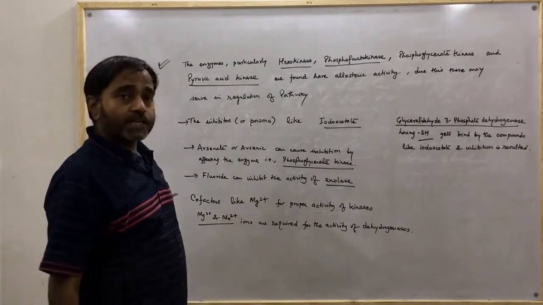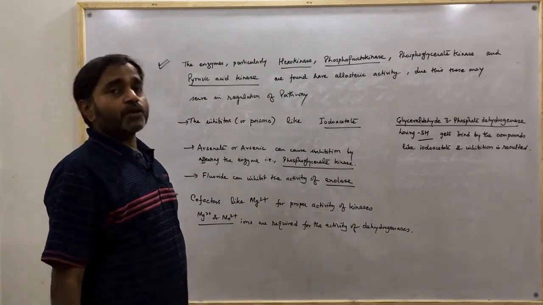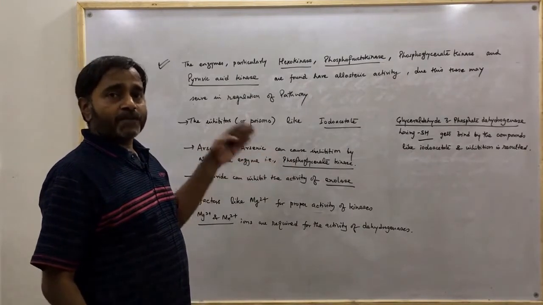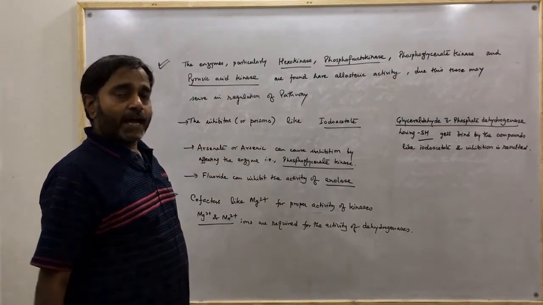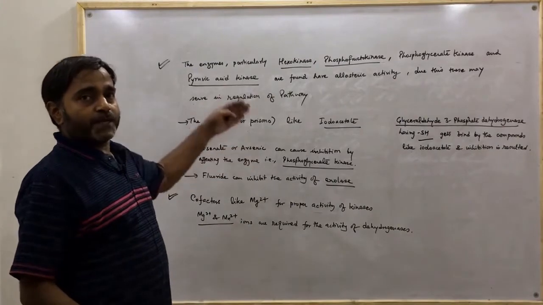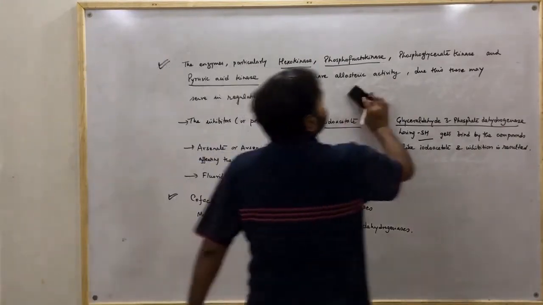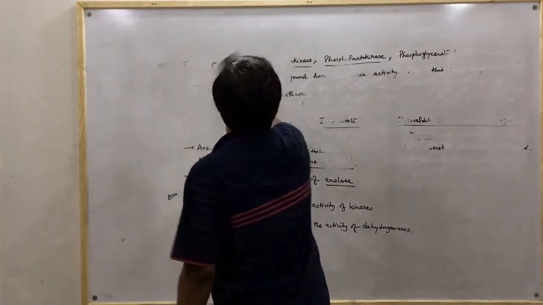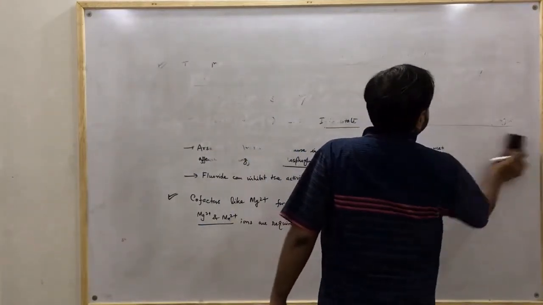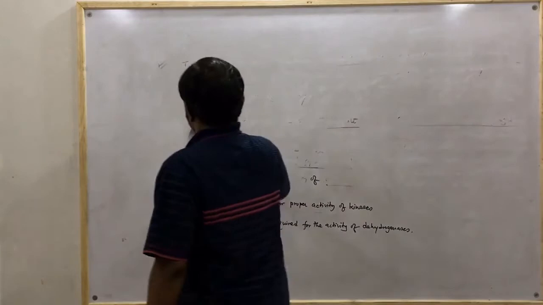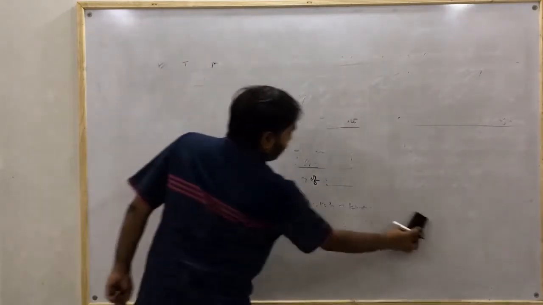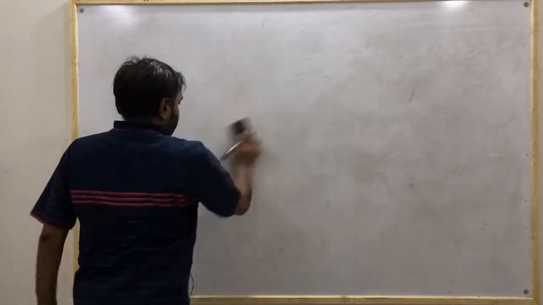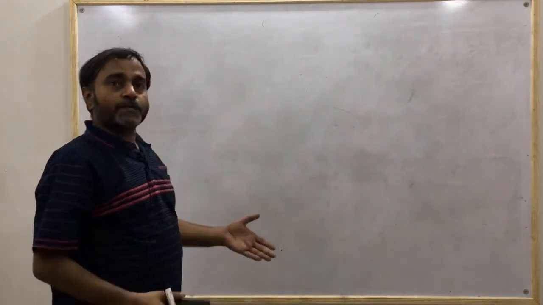For that reason we need to understand the acetyl-CoA junction, which comes just after the formation of pyruvic acid, while studying the process of respiration at the cellular level. So this is all about glycolysis.